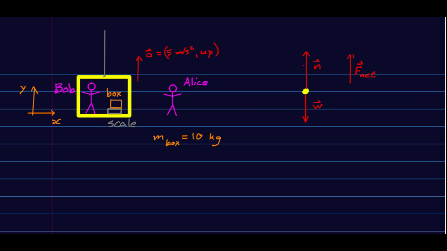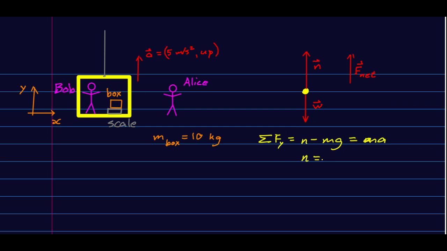So Alice can determine what this normal force is just by reading the scale. And what she's going to find is that we can predict what that reading will be. The y components of forces are going to be N minus the weight, I'm just going to write that as mg, and that will equal ma.